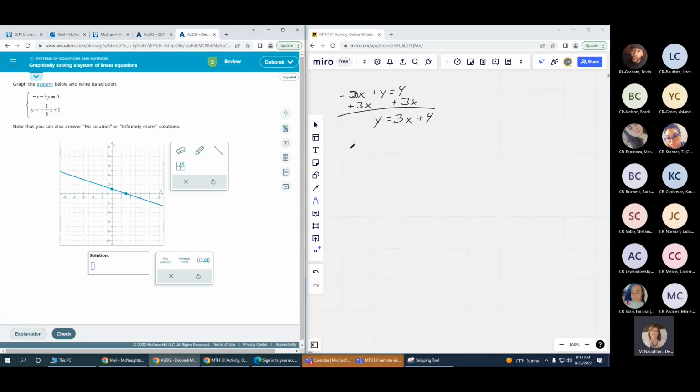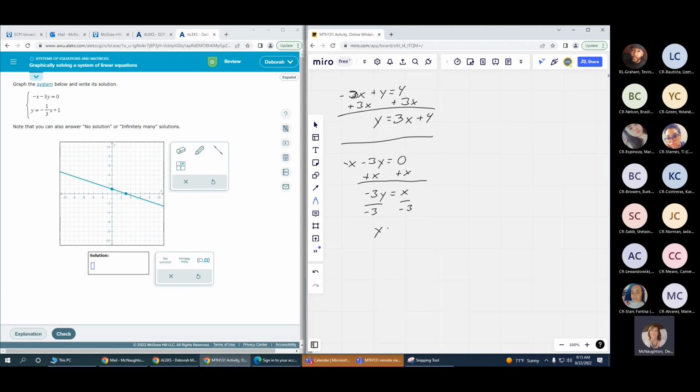And then the first line is -x minus 3y equals 0. And we need to get y equals, so I'm going to add x to both sides. And I get -3y equals x. And then I'm going to divide both sides by -3.